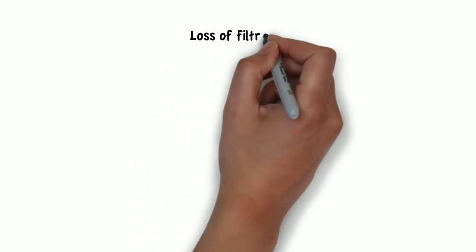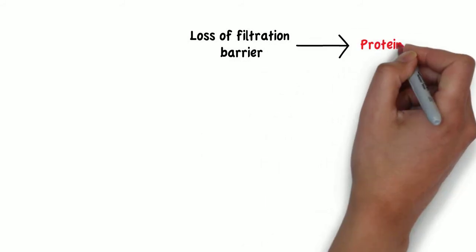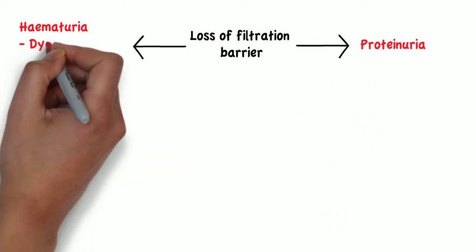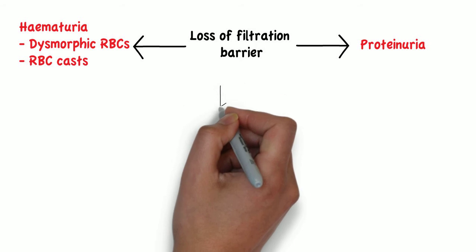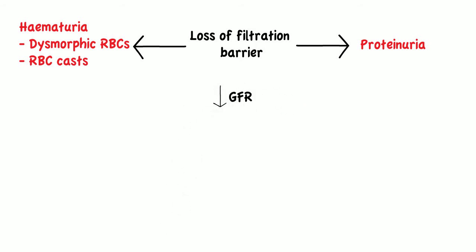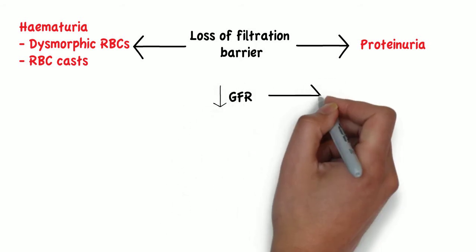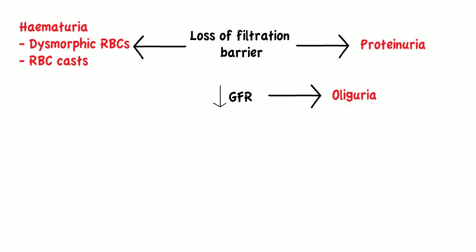With damage to the filtration barrier, protein is spilled into the urine, and you have dysmorphic red blood cells and red blood cell casts in urine as well. Since there is a decrease in glomerular filtration rate, patients will present with oliguria, or low urine production, and a raised blood urea nitrogen to creatinine ratio.